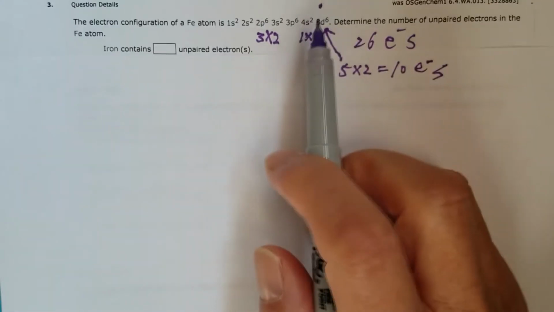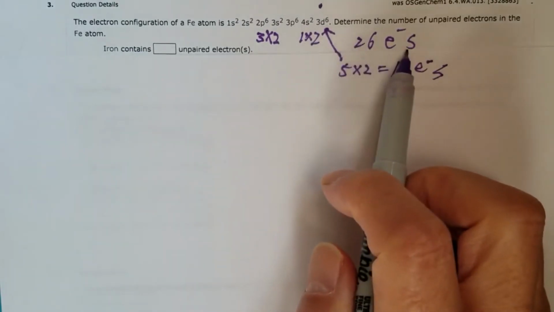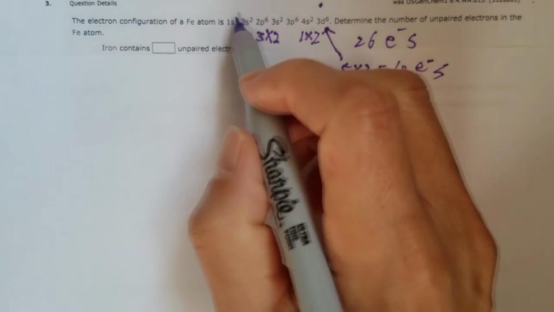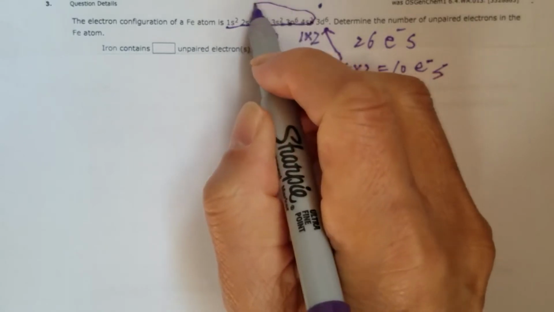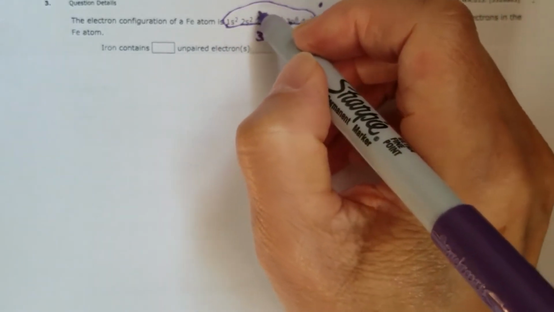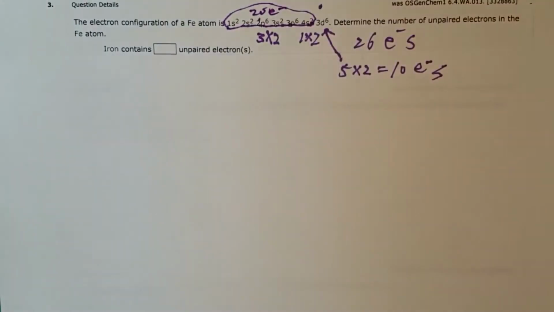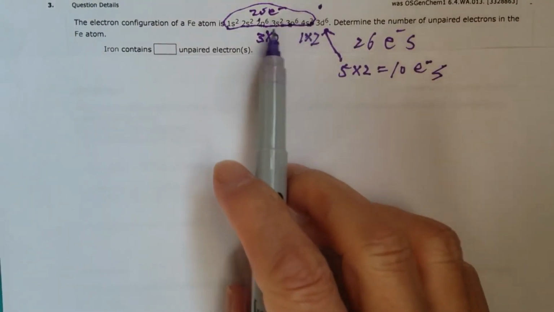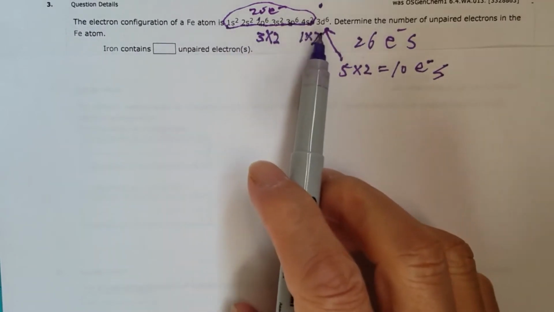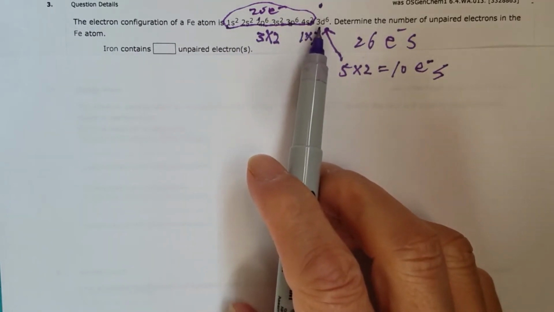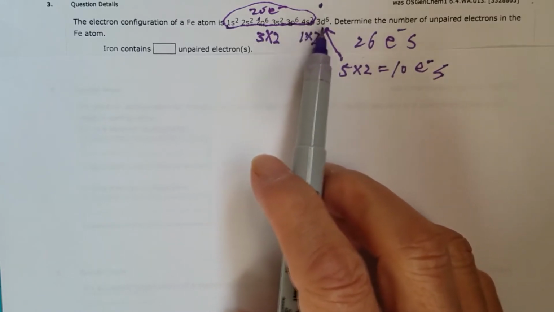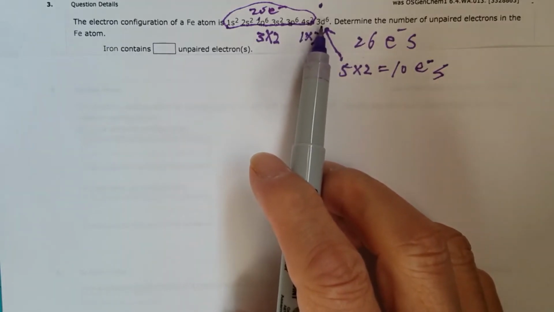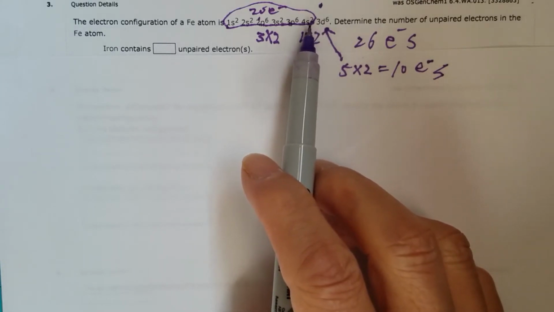Now we know there are a total of 26 electrons, and up to here, how many electrons are there? 20 electrons. So those lower energy levels are all fully filled. And remember, because of the penetration of the 4s electrons, the 3d's position is a little further away from the nucleus than the 4s electrons.